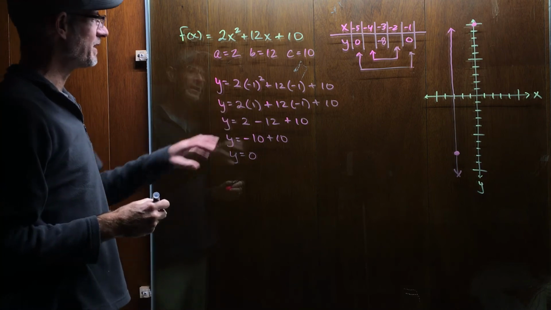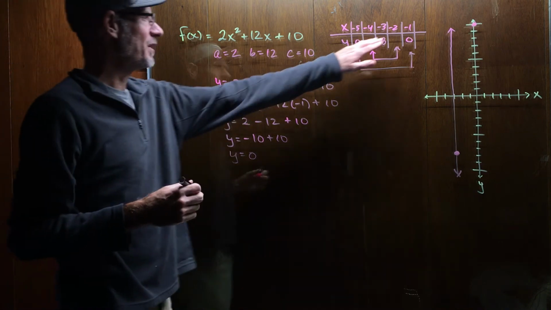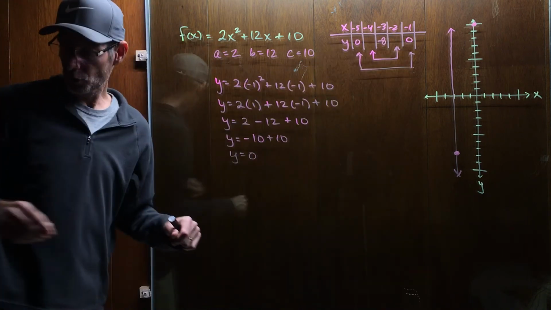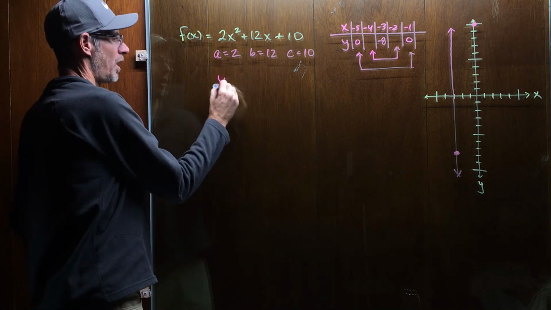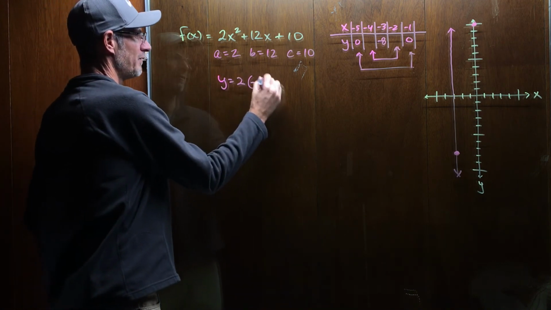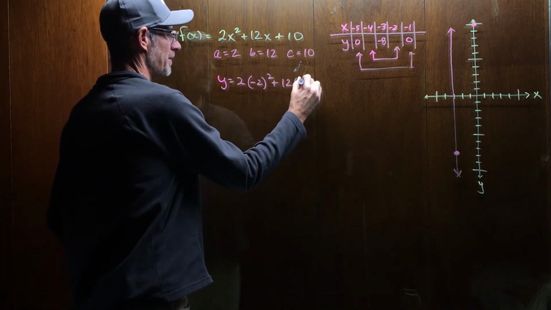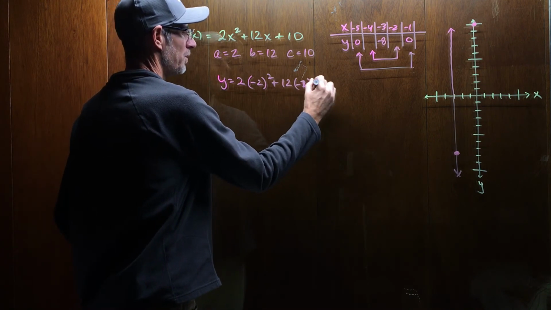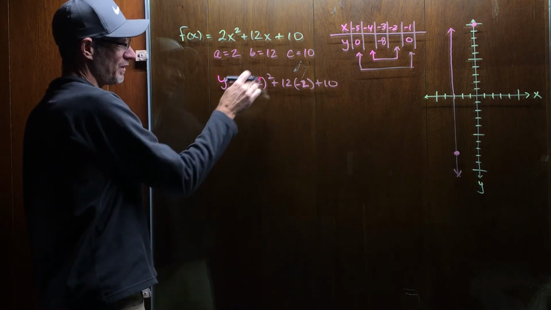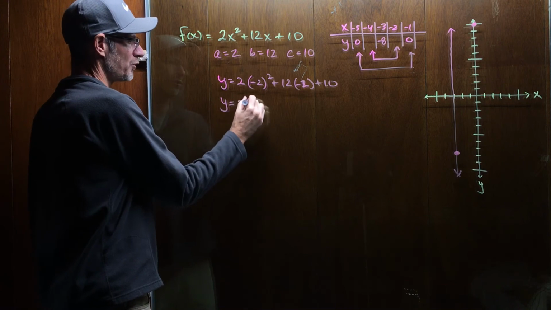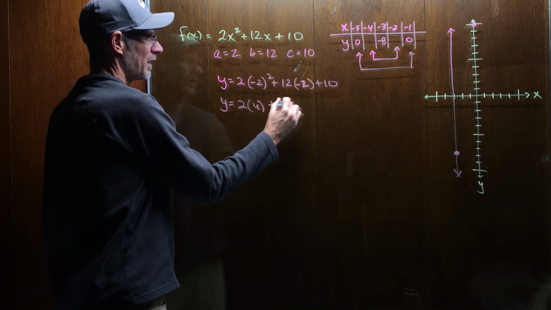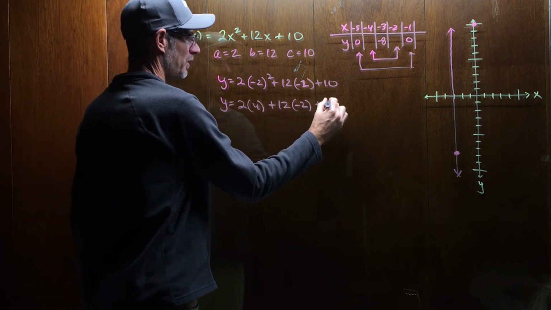Now I need to do the same exact process, but I'm going to use negative 2 as my x-coordinate. So I have y equals 2 times negative 2 squared plus 12 times negative 2 plus 10. I have to do the exponents first, so I have y equals 2 times 4 plus 12 times negative 2 plus 10.